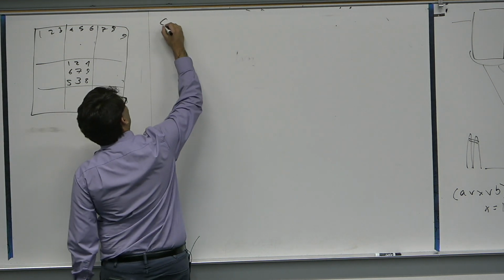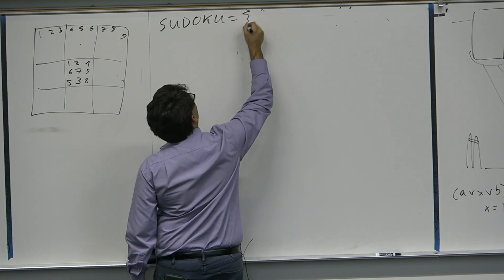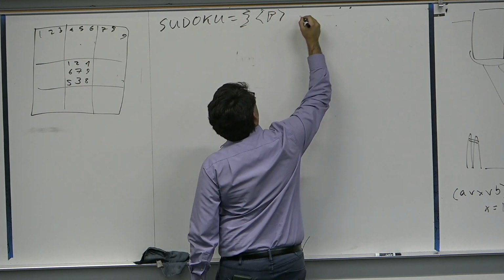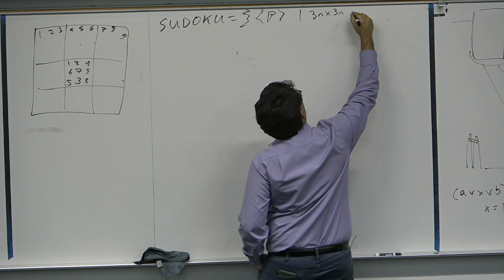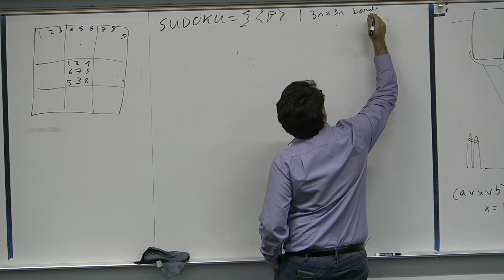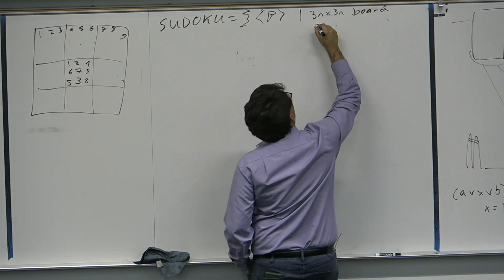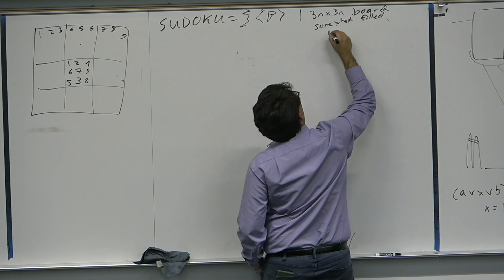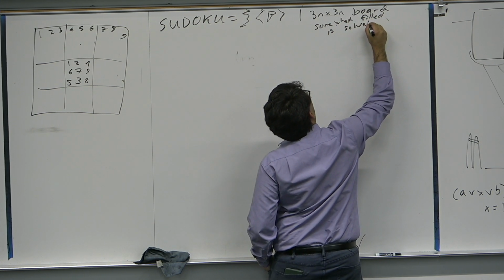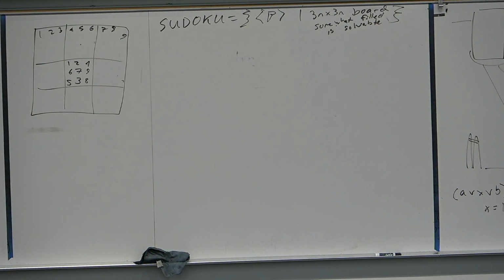So the way we'll define Sudoku is to be boards B such that B is a 3n by 3n board, some filled, and is solvable. So there is a solution to such a board, okay? This is the formal version of Sudoku.